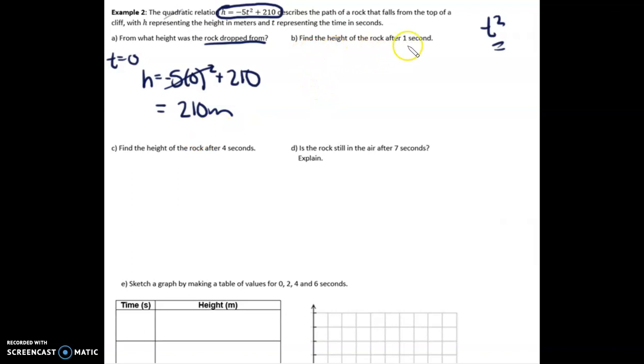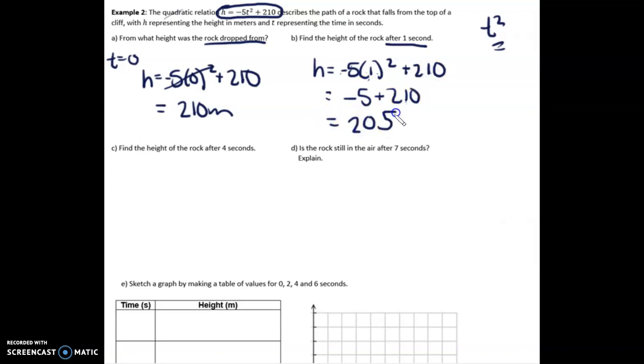Now, find the height of the rock after 1 second. So, again, same idea, but we're subbing in the 1 this time. So, negative 5 times 1 times 1 is -5. Bring down the 210, and we get 205. Okay, so at 1 second, the height of the rock is 205.